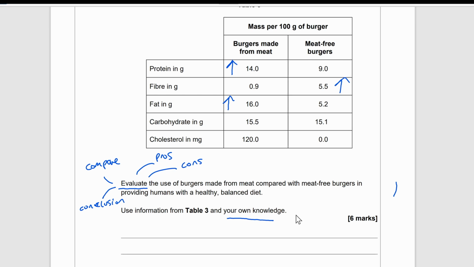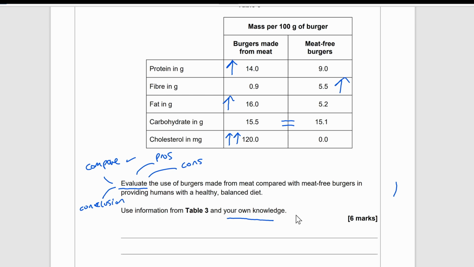Carbohydrate is slightly higher in burgers made from meat, but we could say it's really similar because it's only about 0.4 difference. It shouldn't make too much difference. And then cholesterol is much higher in burgers made from meat. So we've done our comparison.